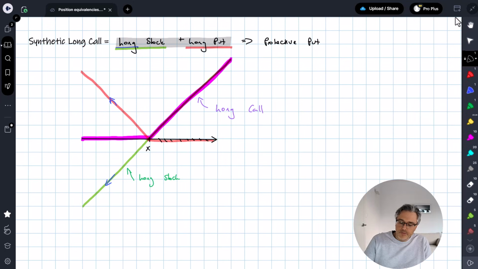But a protective put, at the end of the day, allows you to maintain, it's like buying insurance against a price drop in your stock position. So if there is a price drop, the long put will work to offset that, but it allows you to keep and maintain the upside associated with the stock price or the price of the underlying just simply going up.